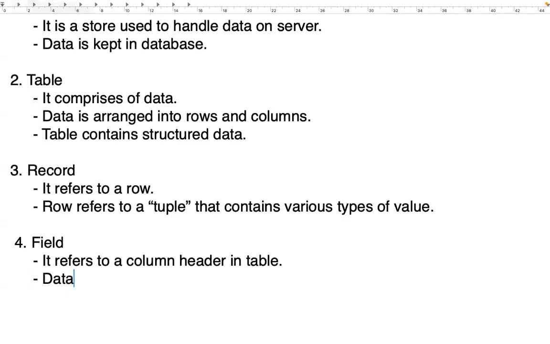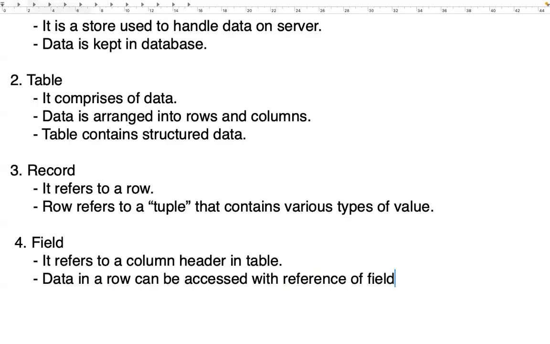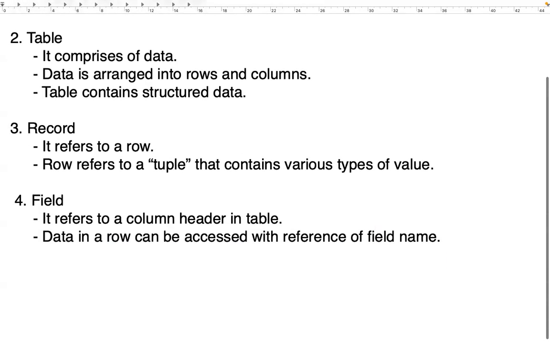So data in a row can be accessed with reference to the field name. In the row, if you want any specific data, then you have to access it by using what? By using the field. Field refers to a column.